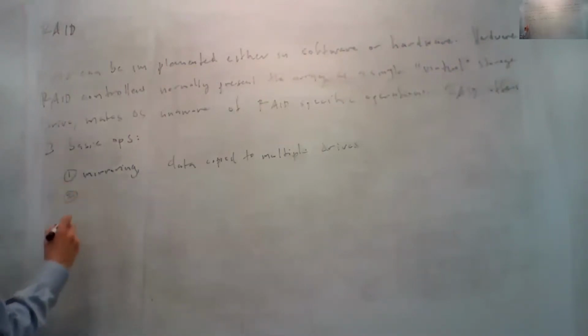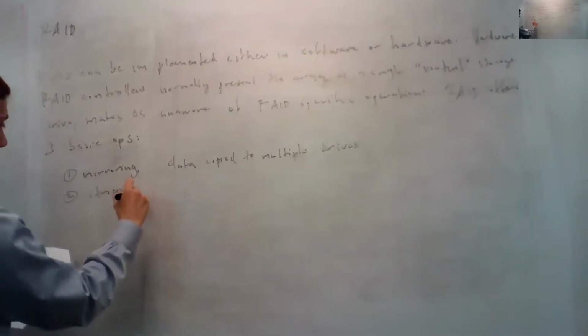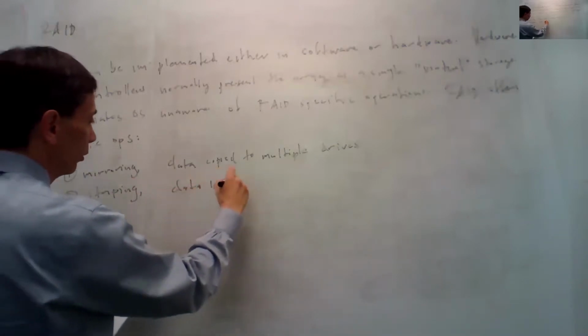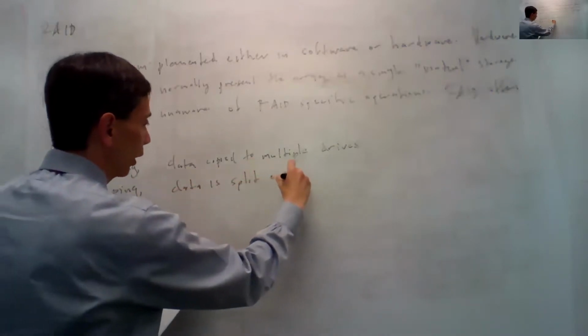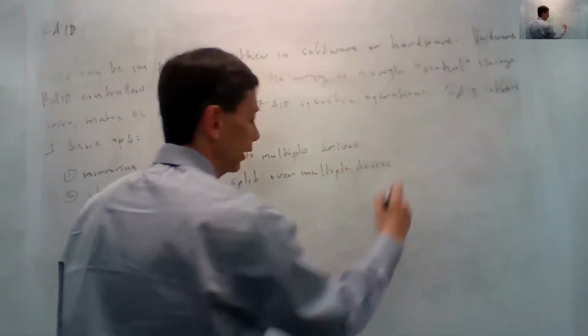The second is striping. So what happens here is that data is split over multiple drives. Okay. So the idea here is that when you're actually writing out or reading in the data, you can do it in parallel, so it's going to be faster than if you only had a single drive.